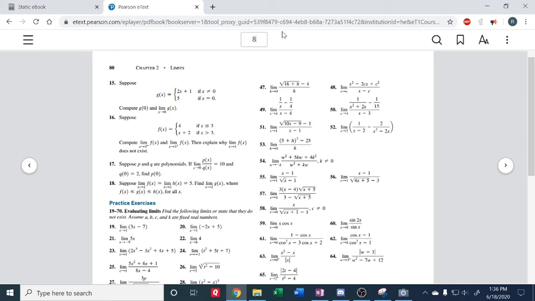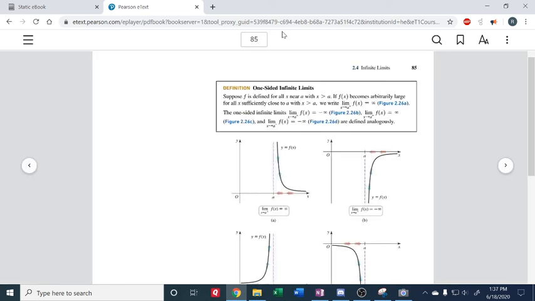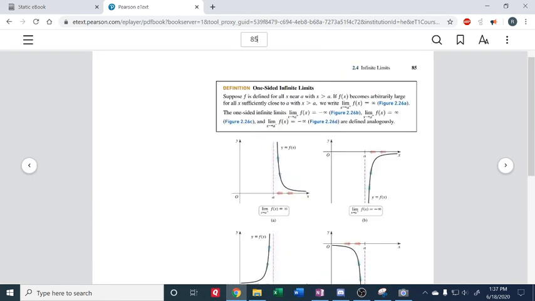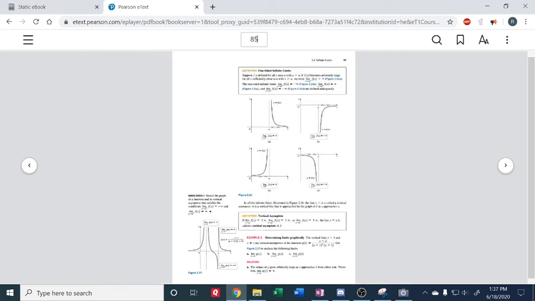I think it's page 85. Okay, so let me shrink this up a little bit.